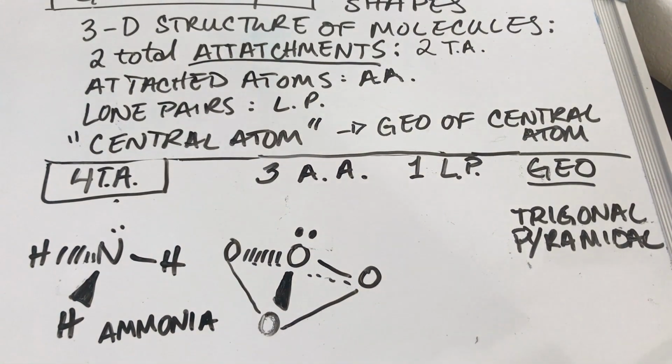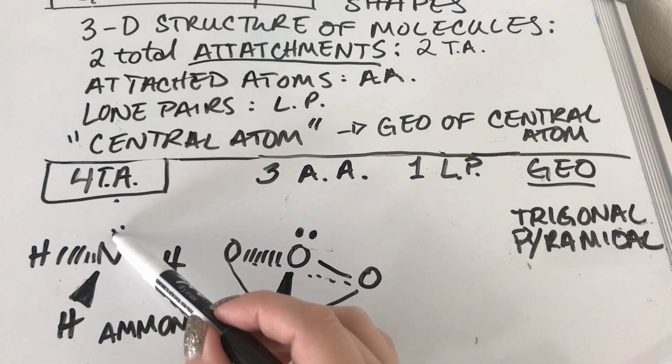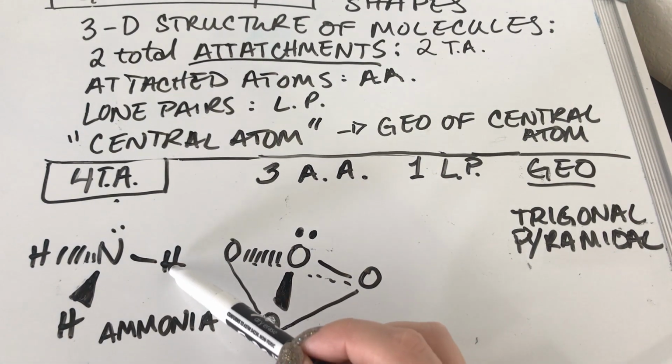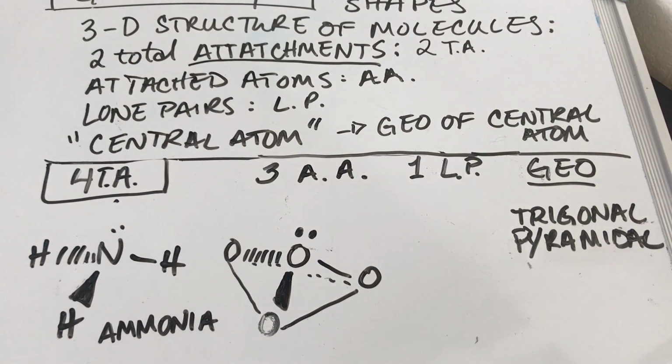Not because I'm going to test you on it, but just because it comes up so frequently in lab. And everybody sees how we have 1 lone pair and 3 attached atoms here. Questions? We're all right.